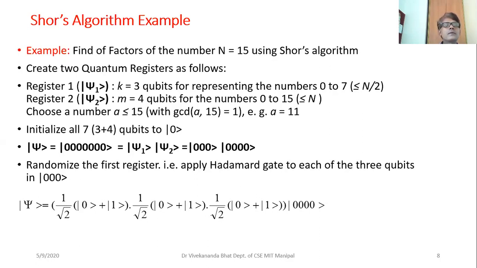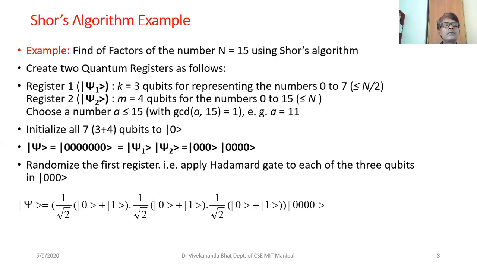Register 2, ket psi 2. We need 4 qubits for representing the numbers from 0 to 15, that is less than or equal to n. So together we need 7 qubits to represent a number.